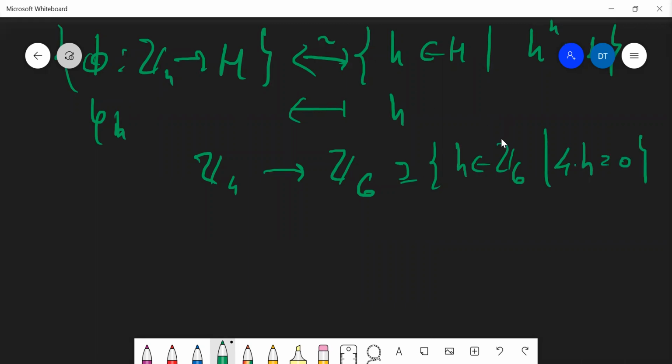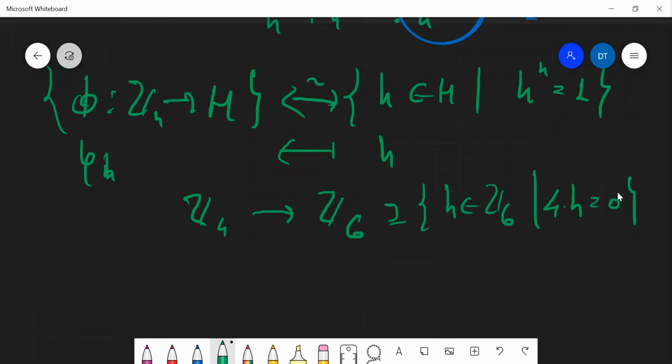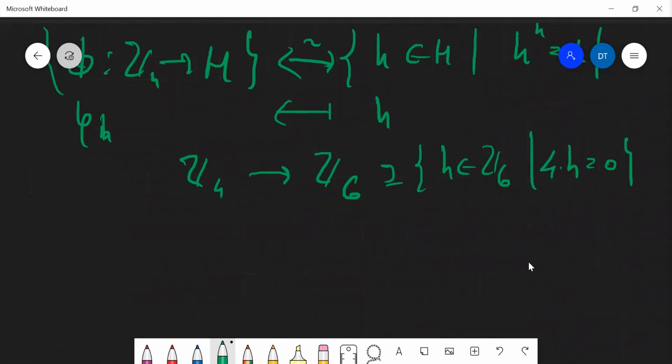That was in a multiplicative notation, and I just rewrote this rule in an additive notation. So we want to find first all the elements satisfying this rule, and for each element from this subset, we will produce a homomorphism. So how to describe this set?